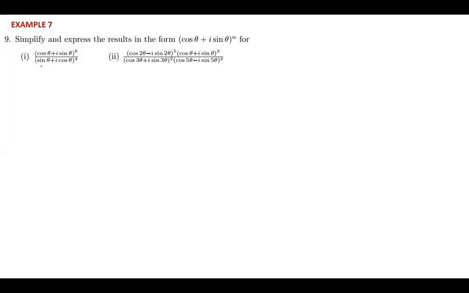How do you do that? So this is simple. Let's begin. So we have on top there, cos theta plus I sine theta to the power 8. Then down there, yeah, so I think I've even remembered the concept which I failed to explain on this one.